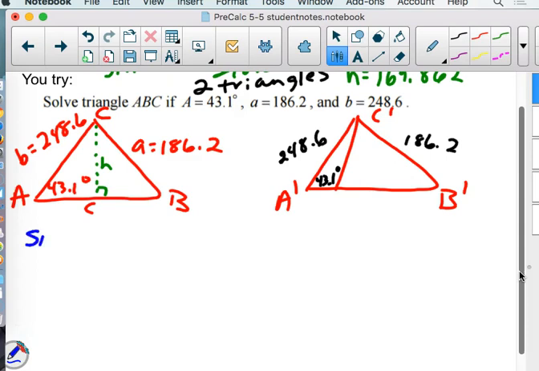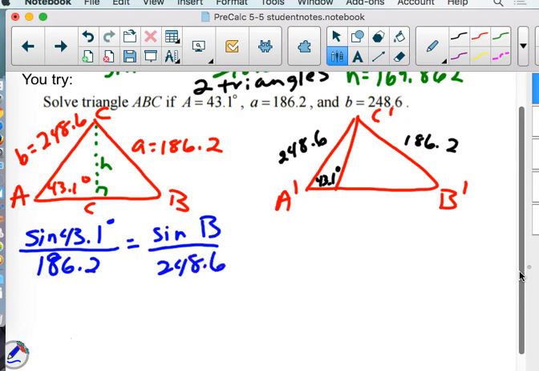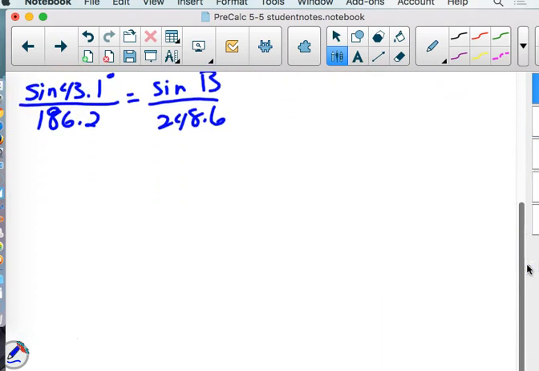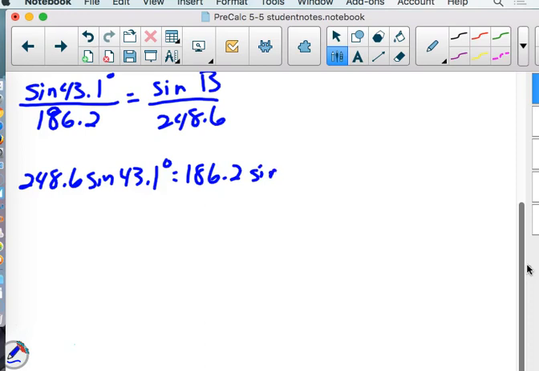A and A. So sine of 43.1 degrees over 186.2. This lowercase b that's opposite that. So sine of b over 248.6. Cross multiply. Divide by that 186.2.